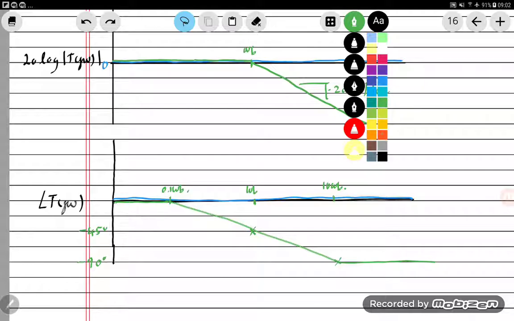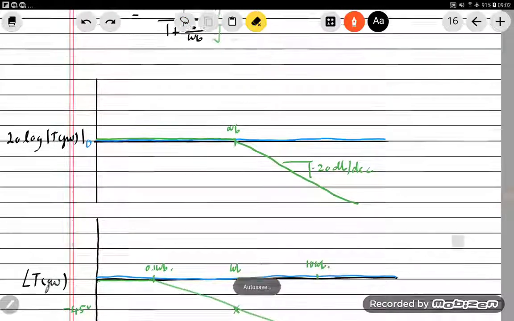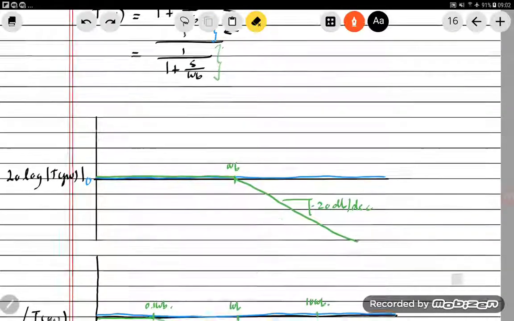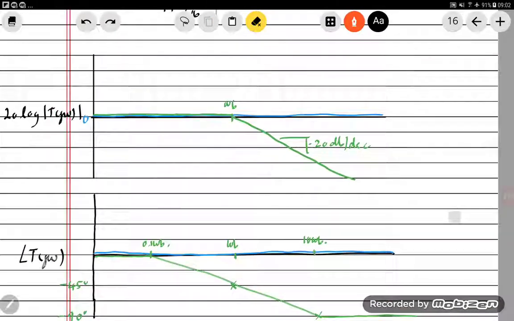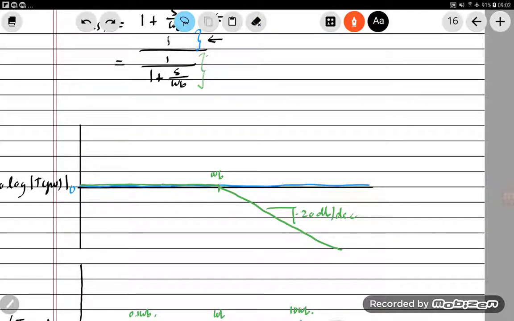So to get the plots of the overall transfer function, we can just subtract the green part from the blue part. Up to the break frequency, both are 0, so the result will also be 0.